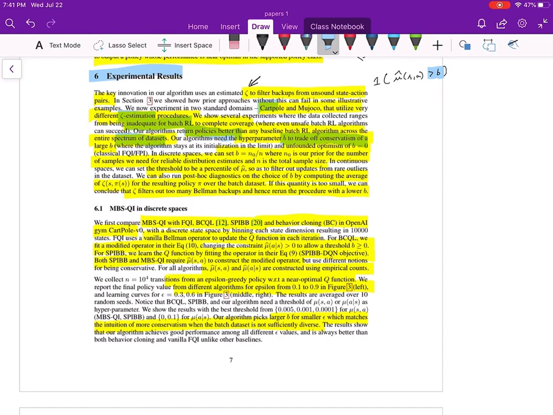In the discrete spaces, they set b to be this parameter, where n0 is the number of samples prior. n0 is our prior for the number of samples we need for a reliable distribution estimate mu hat, and n is the total samples.